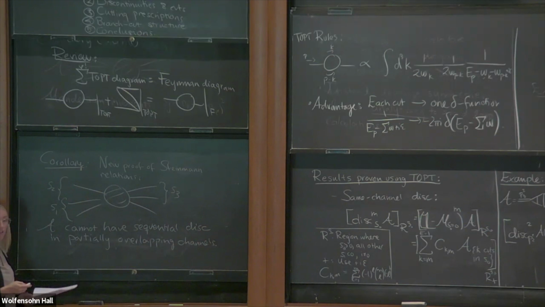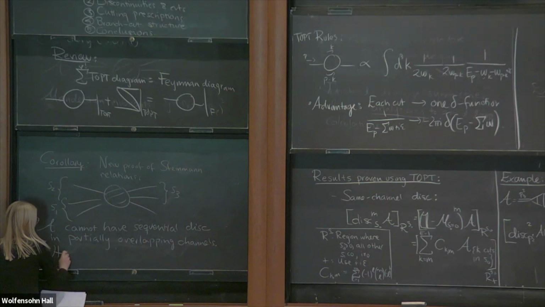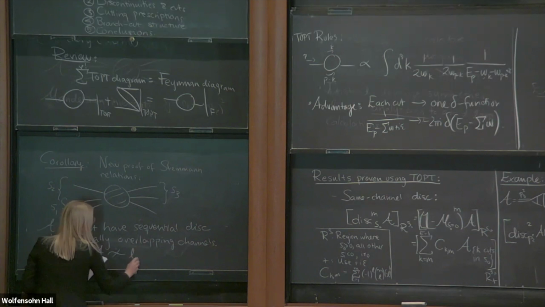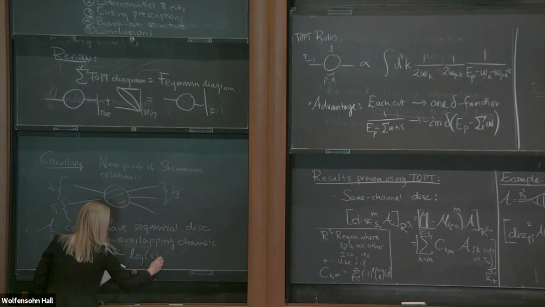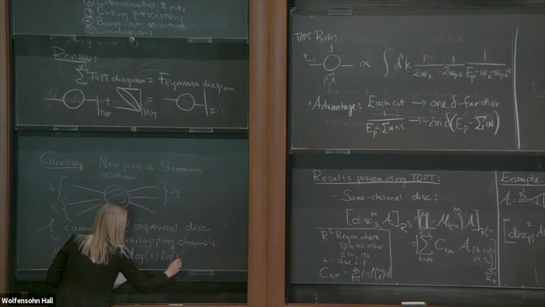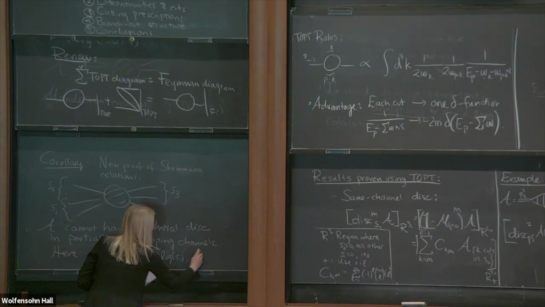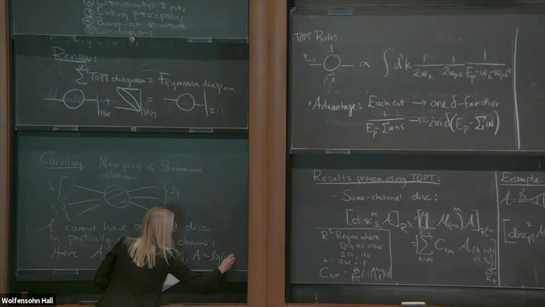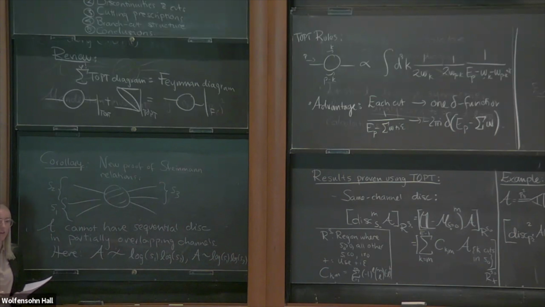So for this particular example, the amplitude cannot have a term that looks like log S1 log S2, but it could potentially have a term that looks like log S1 log S3, because S1 and S3 are not overlapping.